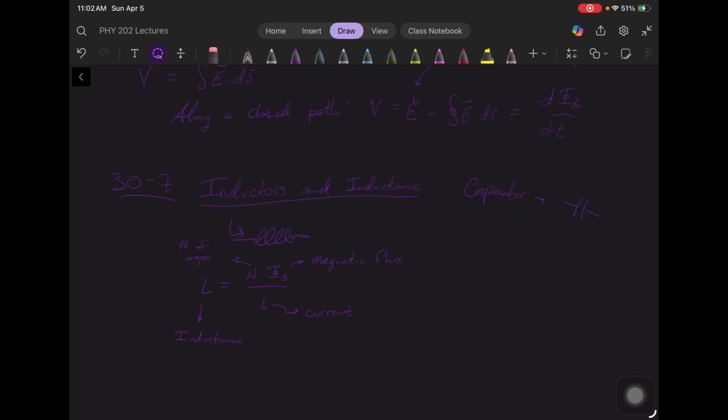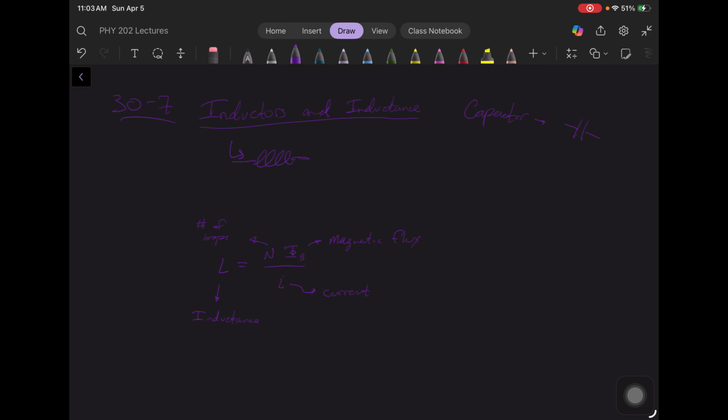Yeah, and this has units of 1 Henry. 1 H is equal to 1 Tesla meters squared per amp.